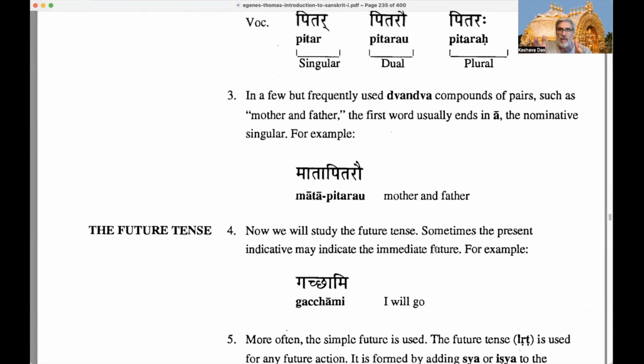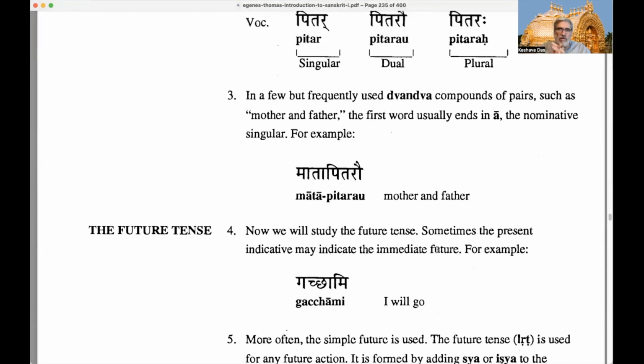these dvandva compounds, which are basically the way we compound words when we have a list of words and we would want to say, such and such cha, such and such cha, or such and such va, like that. And this and this and this, and we can make them into a compound, which is called a dvandva compound, such as mother and father.